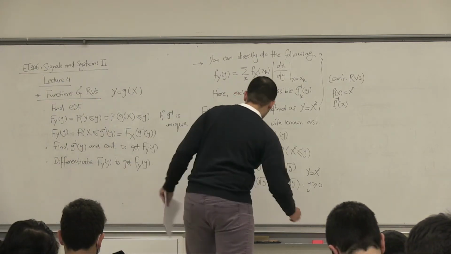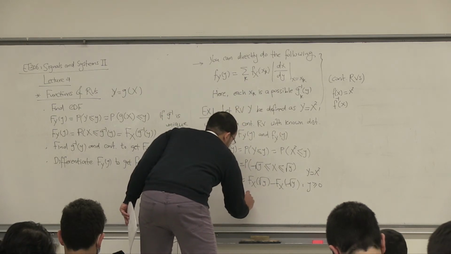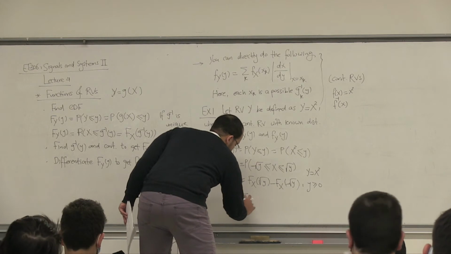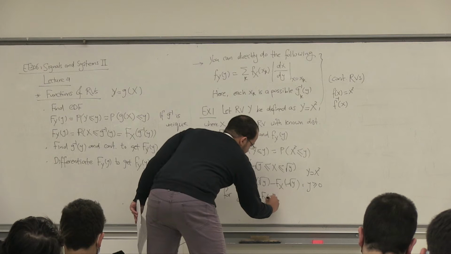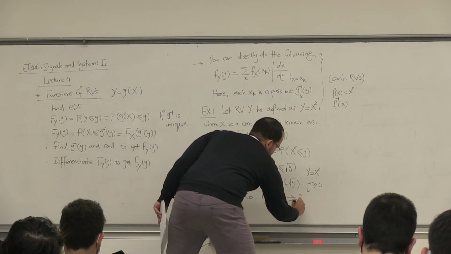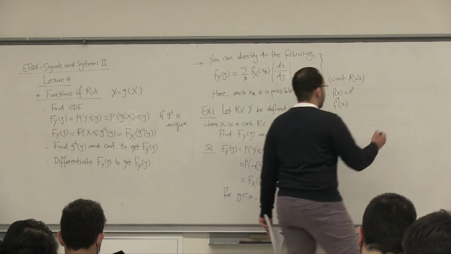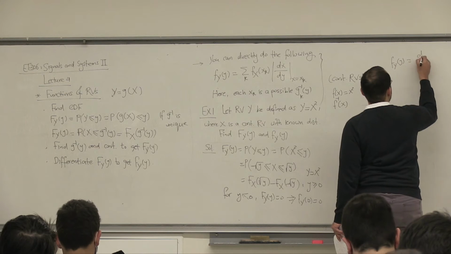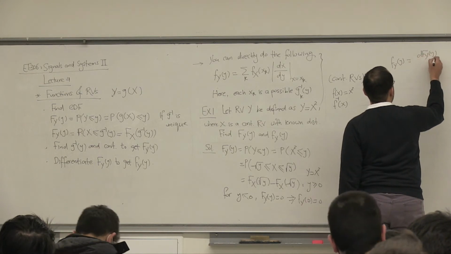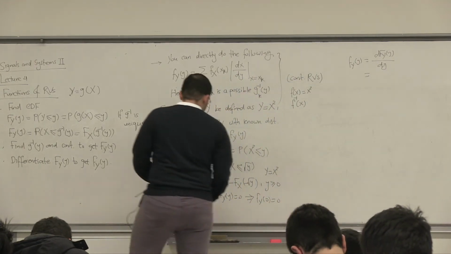All right. So for y less than 0, F_Y of y is 0, and thus f_Y of y is 0. Let's differentiate this thing. So f_Y of y is dF_Y of y by dy. How to differentiate this?